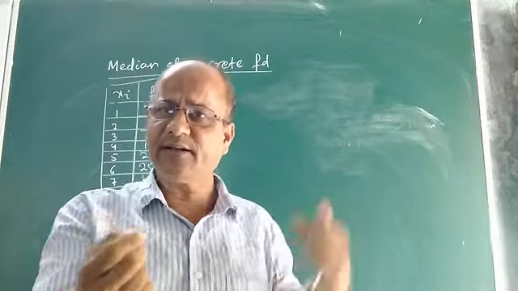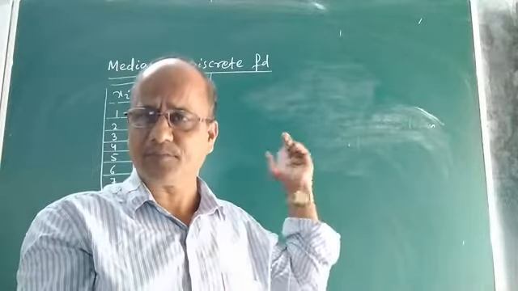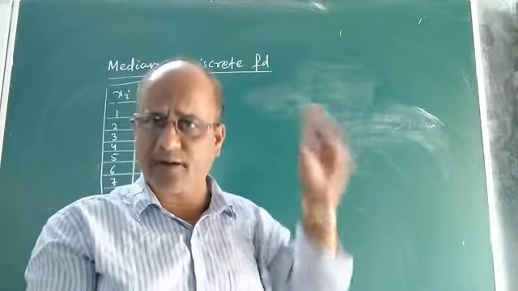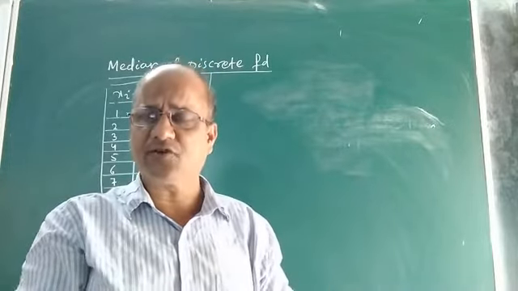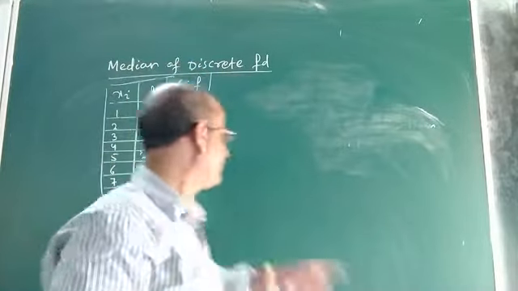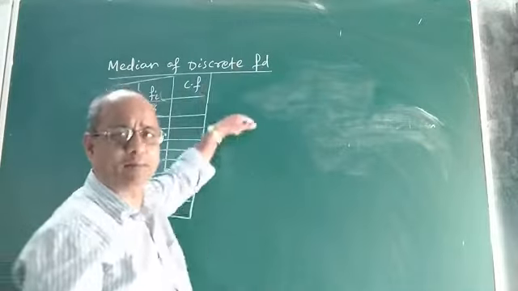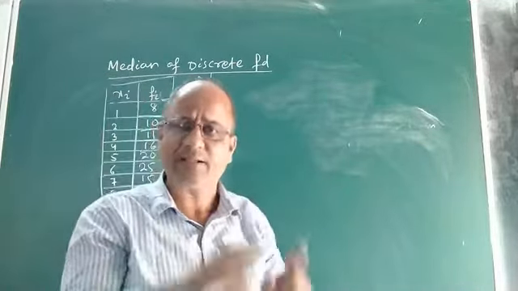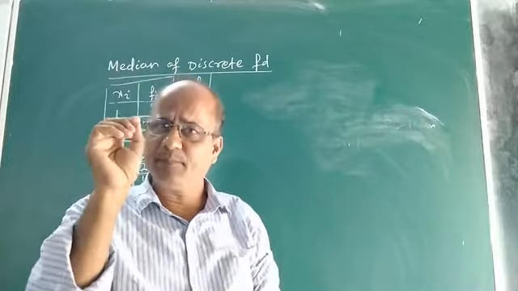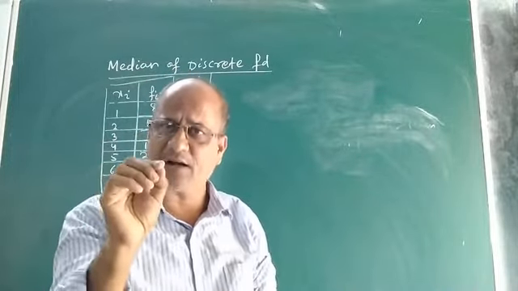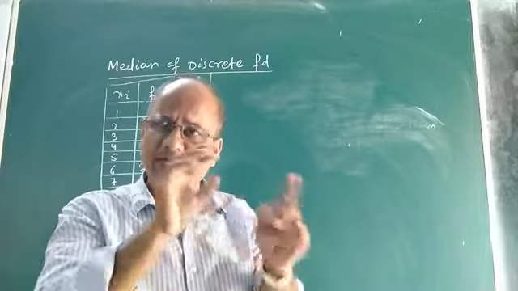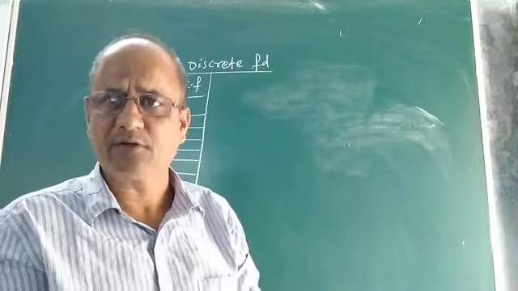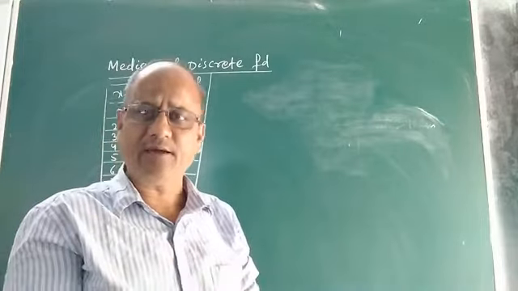It is that representative score below and above which 50% of the scores or observations will lie. That means that representative score, the median or middlemost value, will divide the entire distribution into two equal halves. So that is median.